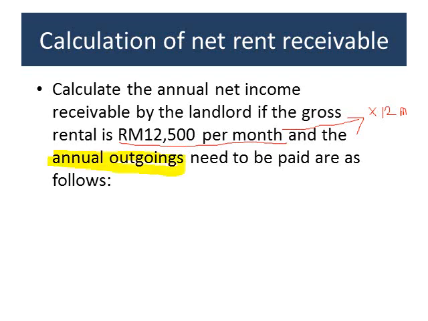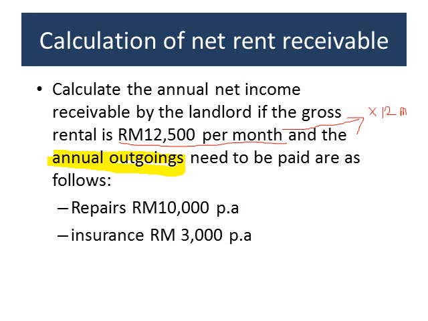Here it states the annual outgoings involve repairs 10,000 per annum, insurance 3,000 per annum, and management 15,000 per annum. To calculate the net rental, you need to deduct the amount of outgoings from the gross rental.